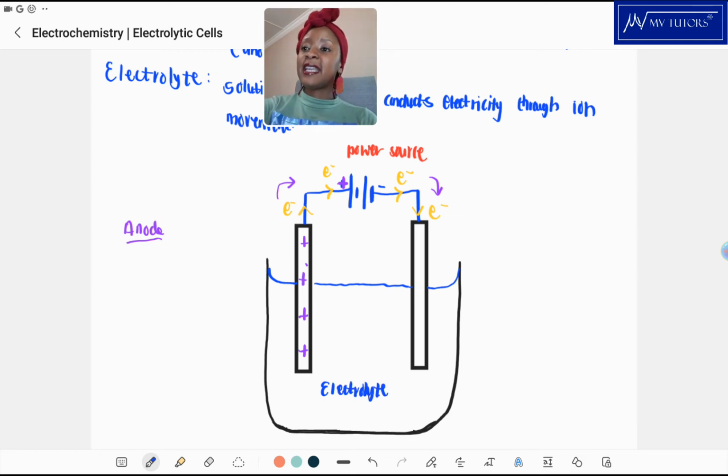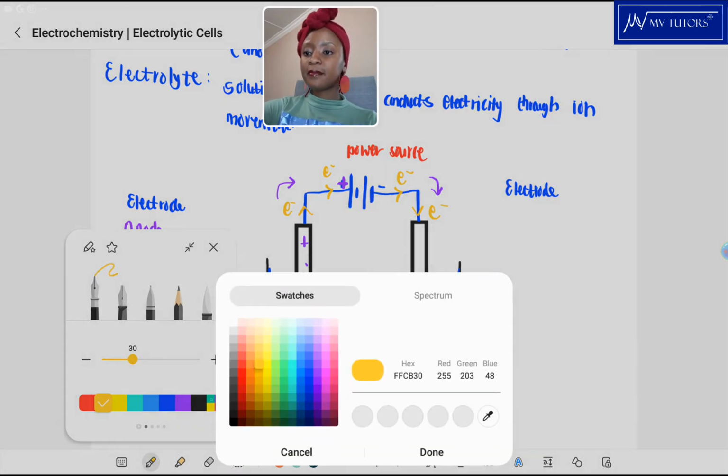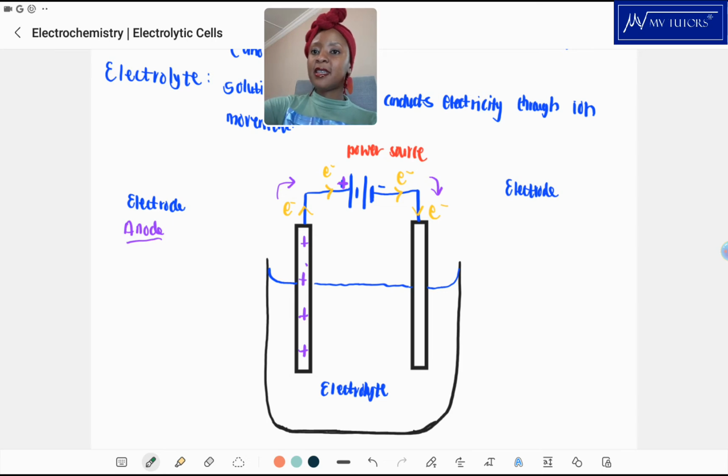Like I said, the anode is an electrode. In this case, for the electrolytic cell, the anode is positively charged. We also have another electrode this side, which is the cathode. Let's get a different color for it. Cathode.